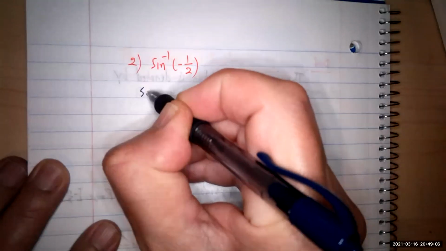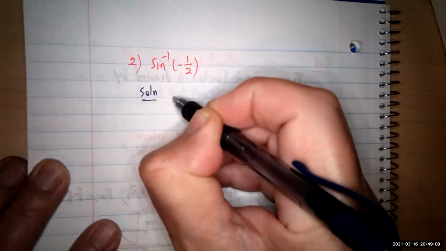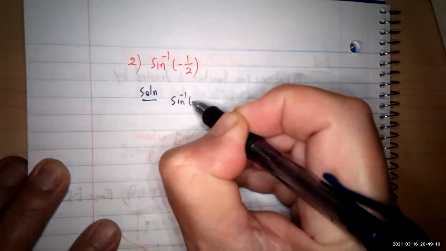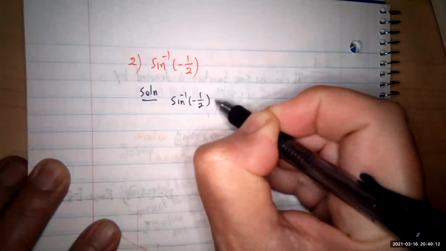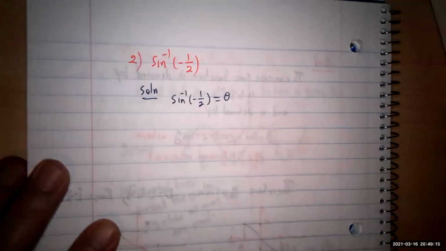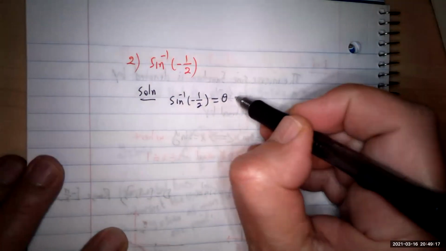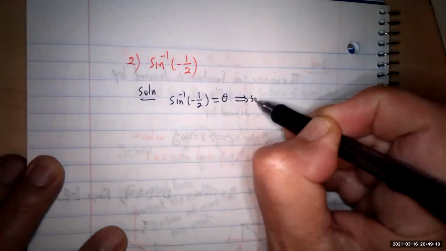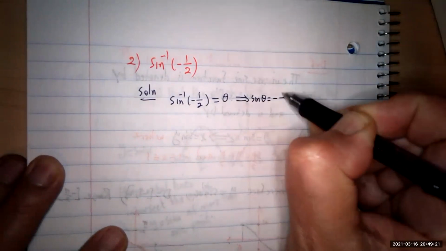If you want to do it quickly, but I suggest that you just go with the formula. Call it theta. Switch. So the sine of theta must be negative half.